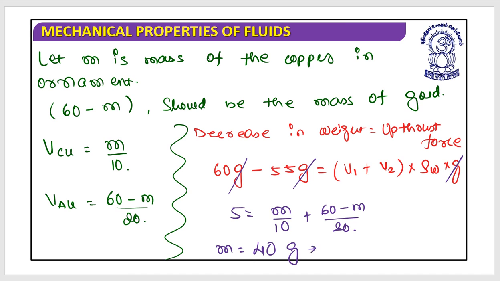So this is the mass of copper in it, and the remaining part is made up of gold, and this amount is made up of copper. I hope this is clear. Do you understand this completely? Are you sure?